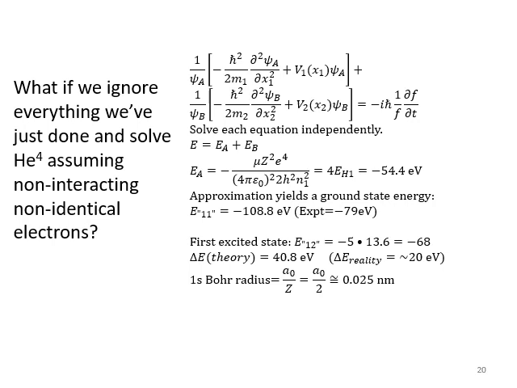Okay, so first what we're going to do is ignore everything that we've just done and solve for the helium-4 atom. That's 2 electrons, remember, 4 nucleons and 2 electrons, as though the electrons don't interact with one another, and as though the electrons are distinguishable from one another. That's what we did in the very first slides of this lecture.